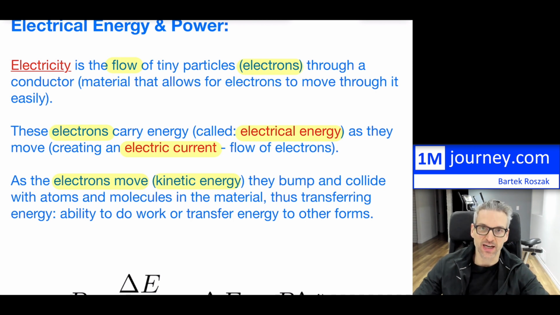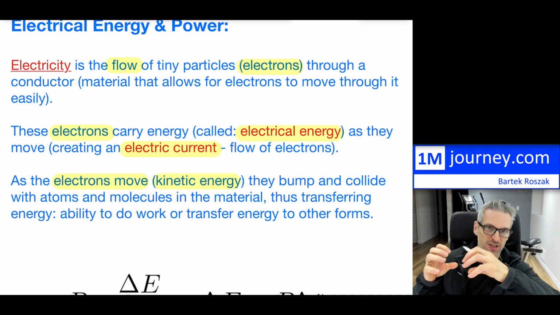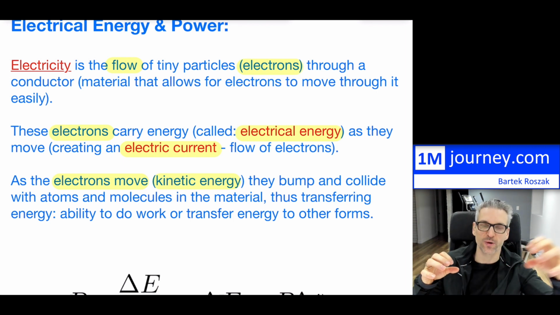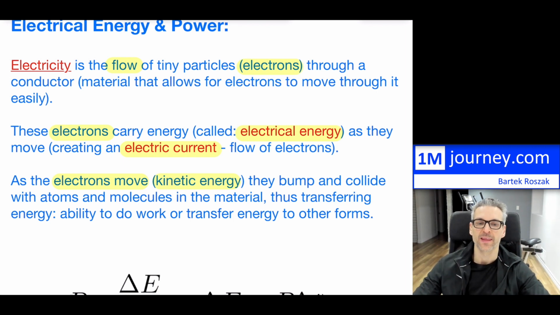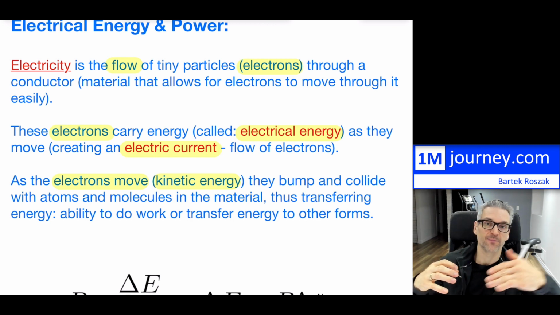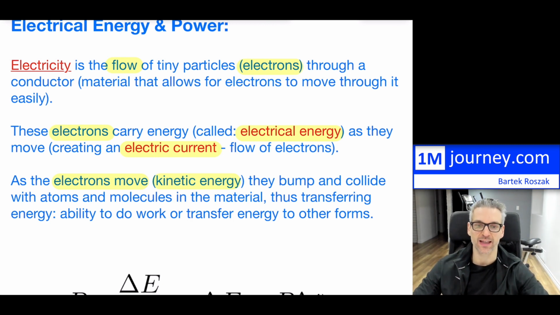So through these conductors, like a wire, the electrons can transfer that energy all the way along. They carry that energy all the way through. And therefore, they can do work, or they can transfer into other forms of energy. Very often, thermal energy, because heat gets generated due to all the friction and the bumping along of those electrons.